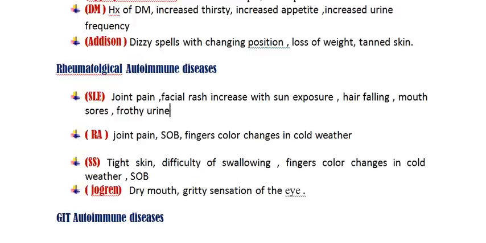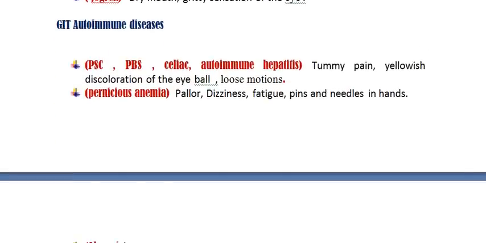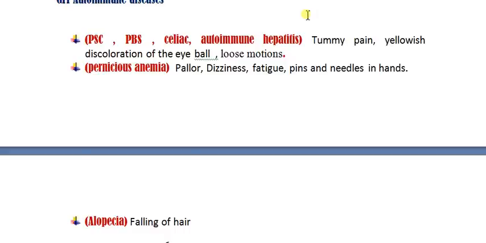Now we finish rheumatoid autoimmune diseases. We are going now to check or ask about gastrointestinal autoimmune diseases. Primary sclerosing cholangitis, primary biliary cirrhosis, celiac disease, autoimmune hepatitis can all be associated with vitiligo.